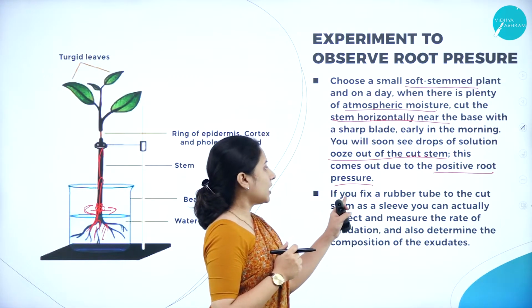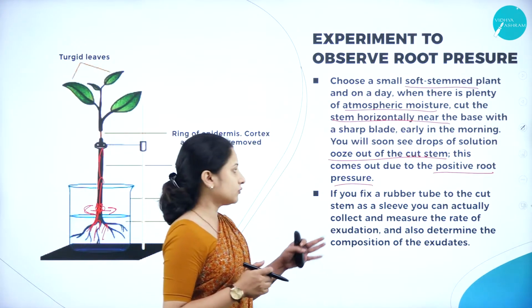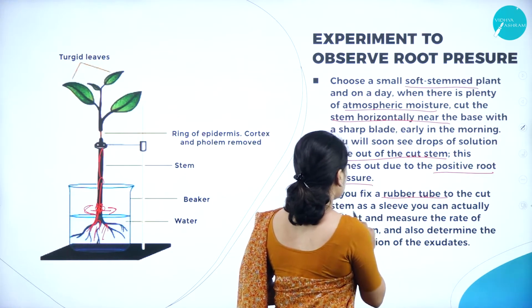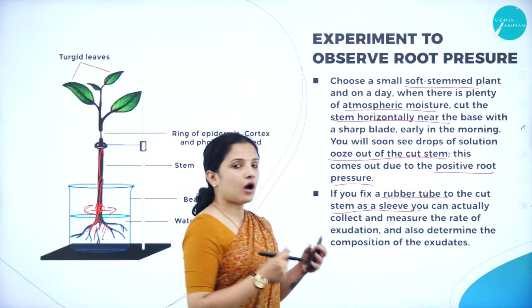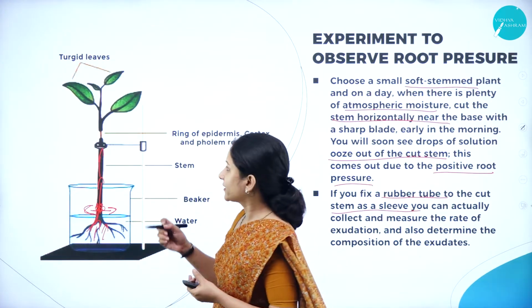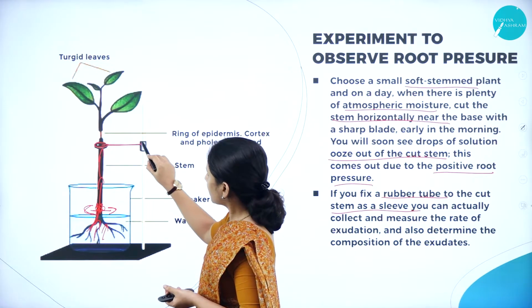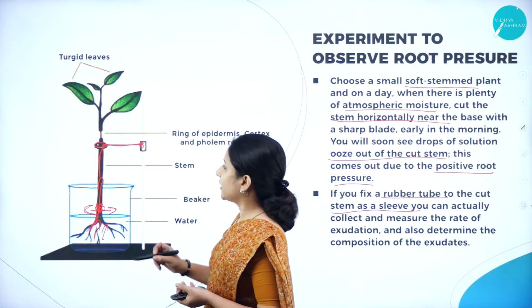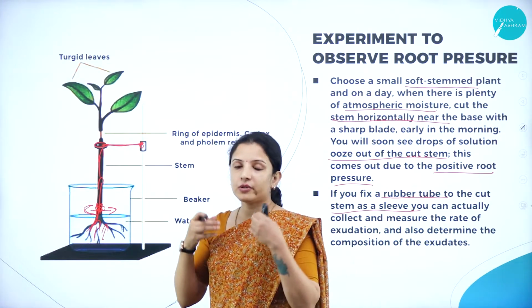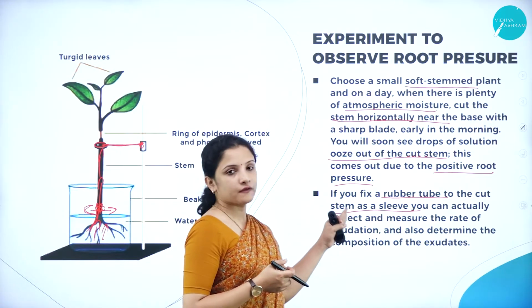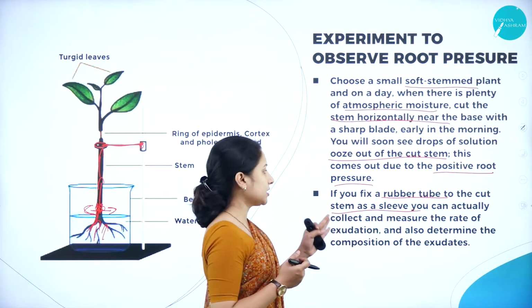So that is why. And next what he did was, he fixed a rubber tube to the cut stem as a sleeve. So how much amount of water is collected? So he put a rubber cork-like thing to measure how much exactly water gets collected by the process of the root pressure that is being created.